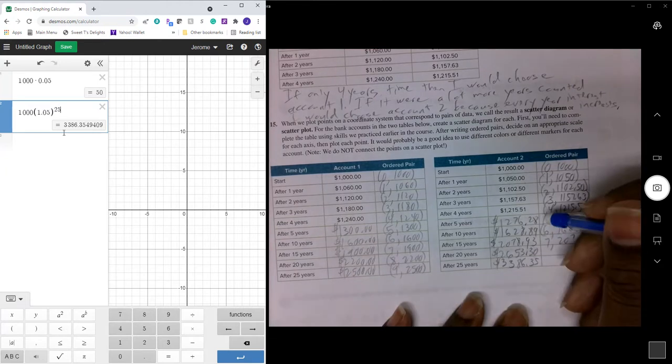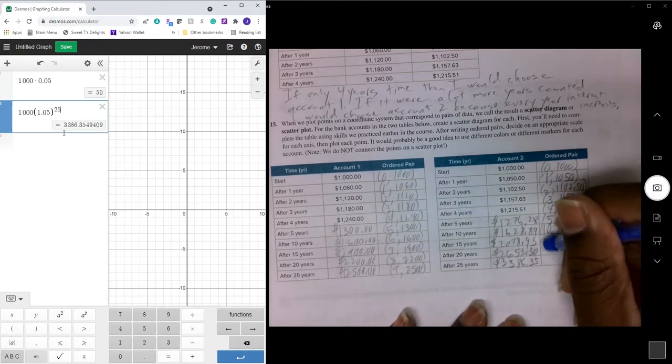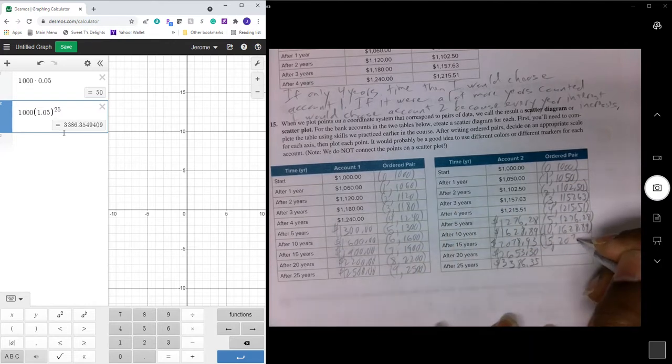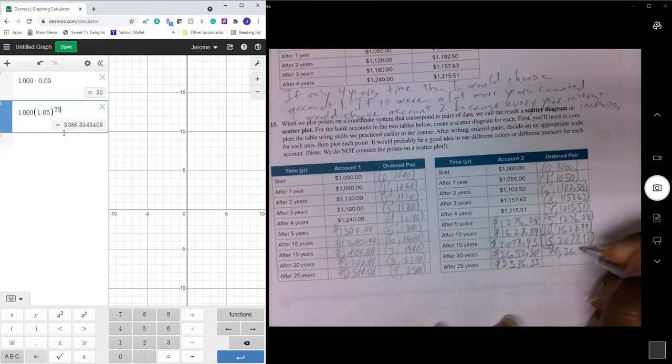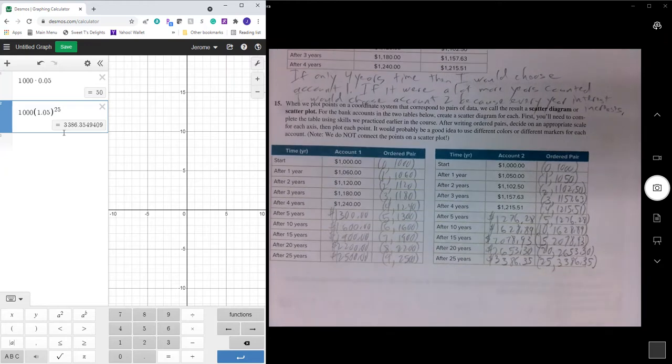No, I made a mistake here. This is supposed to be 10, and this here is supposed to be 15. So it'd be 15, 2078.93. Then this will be 20, 2653.30. Then this will be 25, 3,386.35. And those will be all of the ordered pairs.